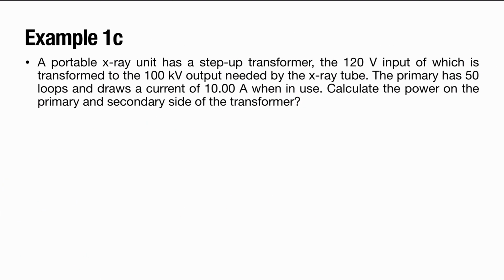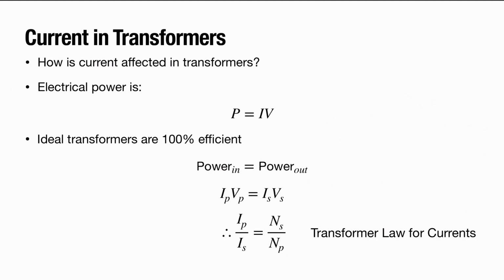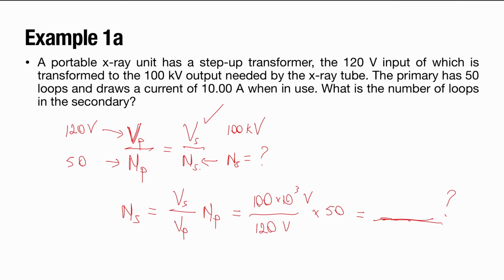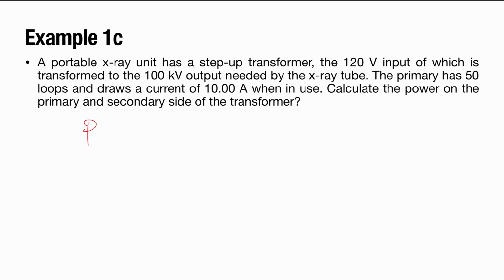In this example, I would ask you to calculate the power in, having determined the current on the secondary side and the number of windings also on the secondary side. I request of you that you calculate the power in, that is the power on the primary side.